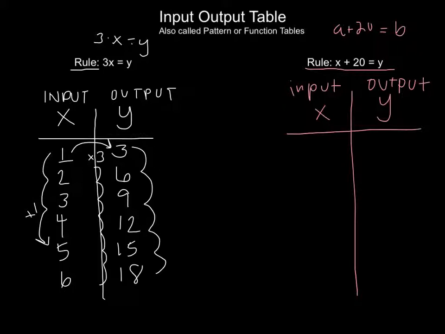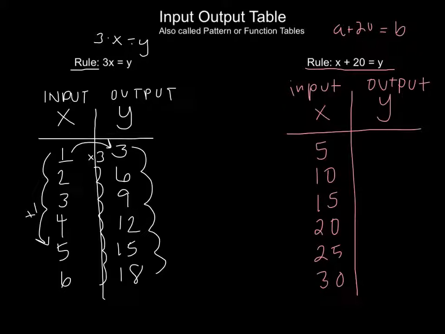So I'm going to give x some values. So fill these into your chart. And I'm going to start plugging in all of the numbers for x into the rule.